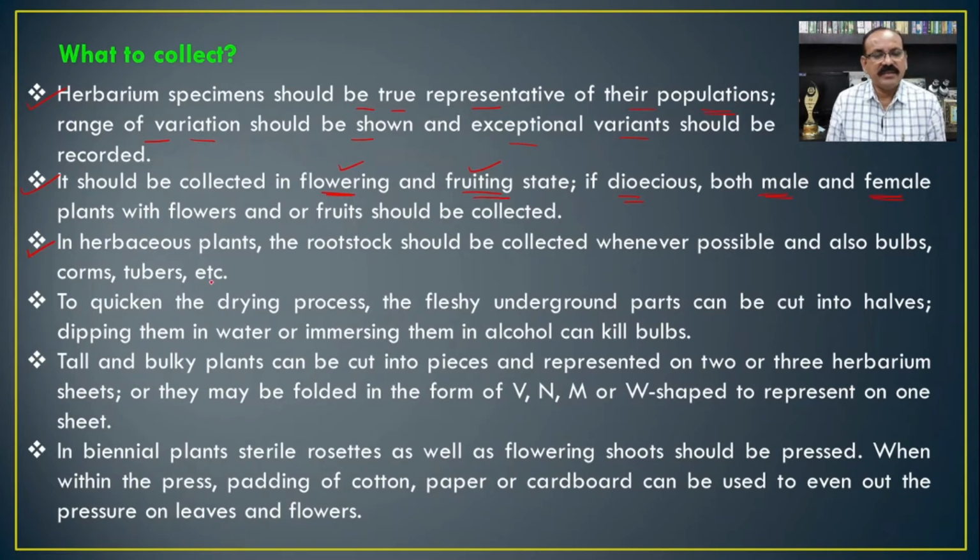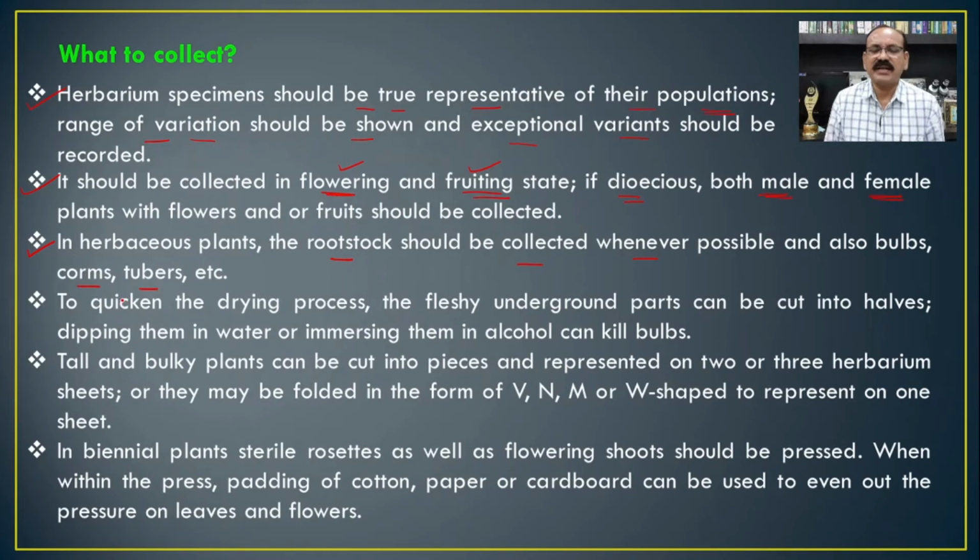In herbaceous plants, the root stock should be collected whenever possible, and also the bulb, corm and tubers. There are many keys in case of such plants having underground stems or peculiar underground roots, and hence for the identification there is even need of the bulb, corm or tubers also.